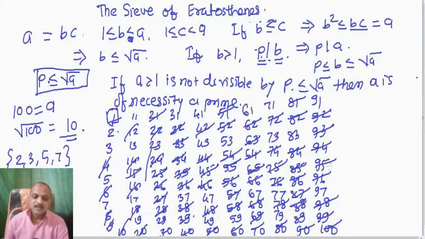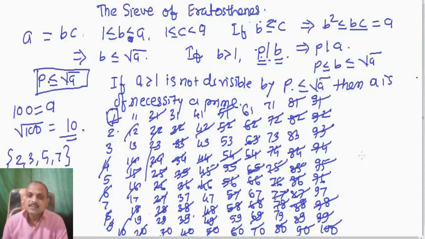Then next, cancel out all the multiples of 7: 7, 14, 21, 28, 35, 42, 49, 56, 63, 70, 77, 84, 91 and 98. So all the multiples of the prime numbers are cancelled.